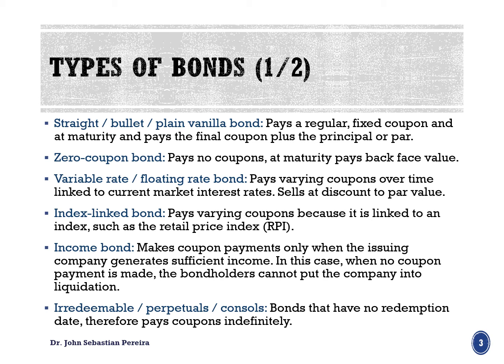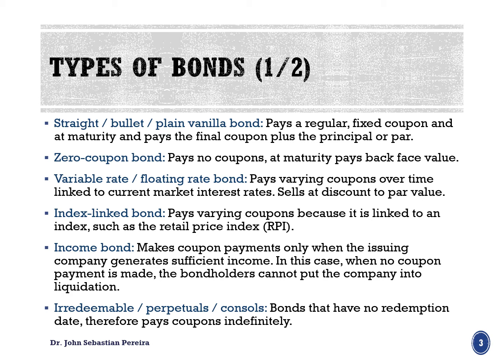Then there are index-linked bonds, where the payments on those bonds are linked to an underlying base index. Most often than not, this underlying index is a retail price index or an inflation level. So an index-linked bond saves the investor any loss occurring because of a rise in the inflation index.